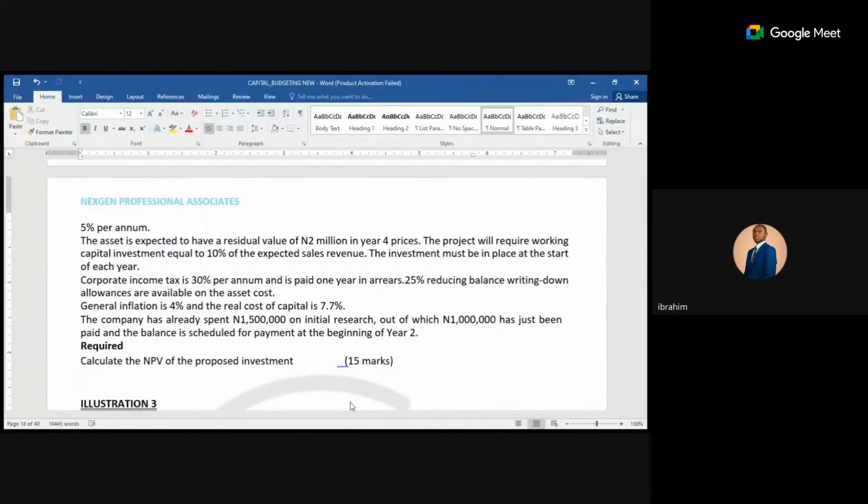Class, another way you can see capital investment appraisal is when you want to discount a project. Apart from money and real rates, if you want to discount the project, you will now use a project-specific cost of capital.